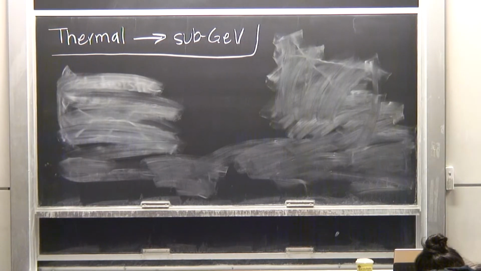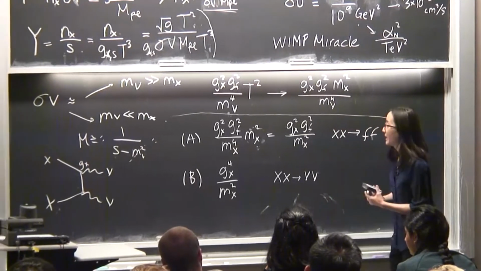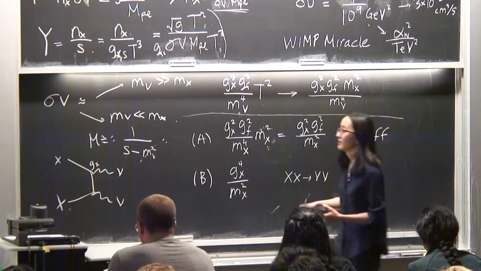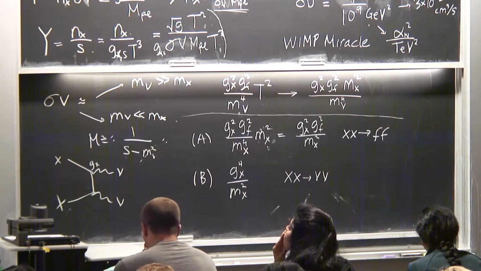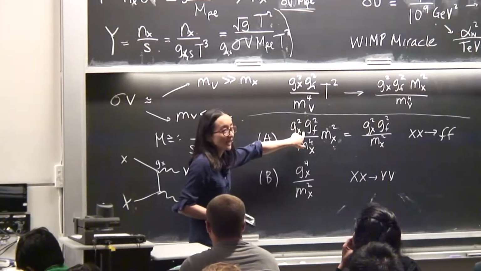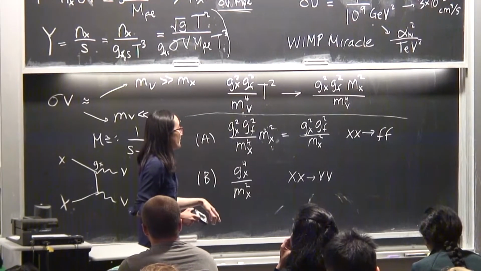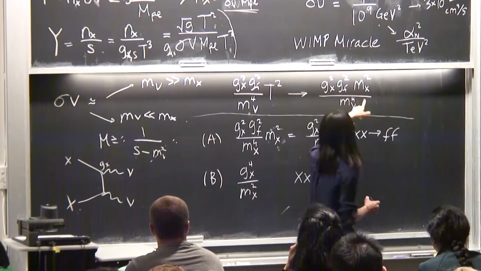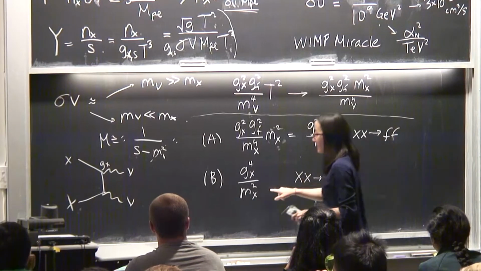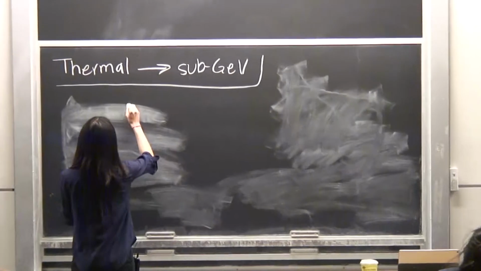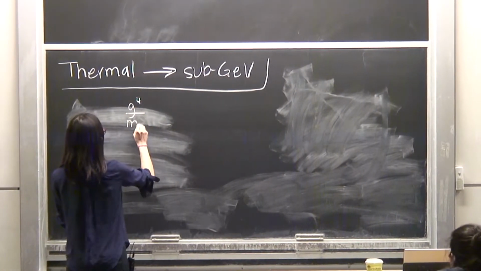The first thing we can notice from our equations here is, let's first consider the case where all the couplings are of similar order. So let's ignore the fact that g_X and g_F could be different. All of these cross sections will be saturated at around g to the fourth over m_X squared.